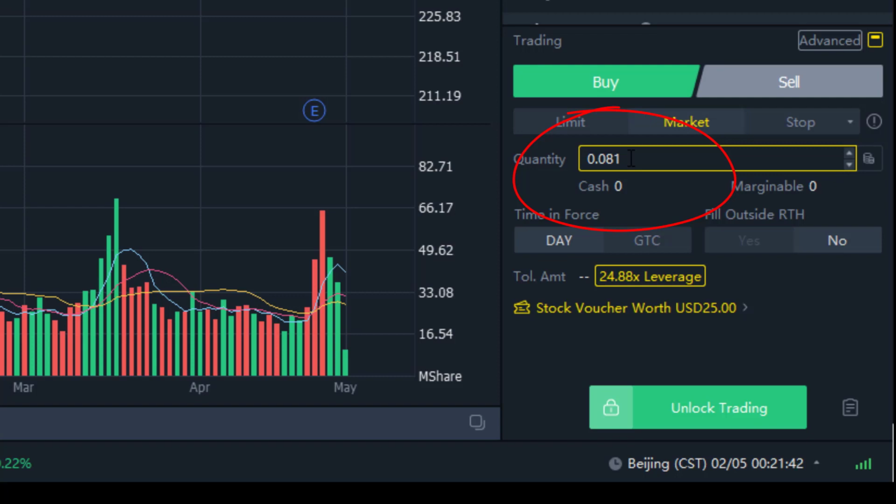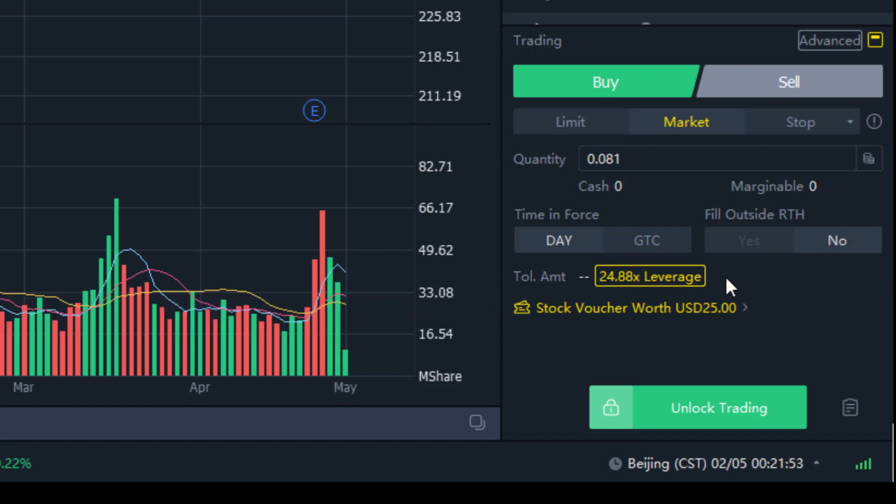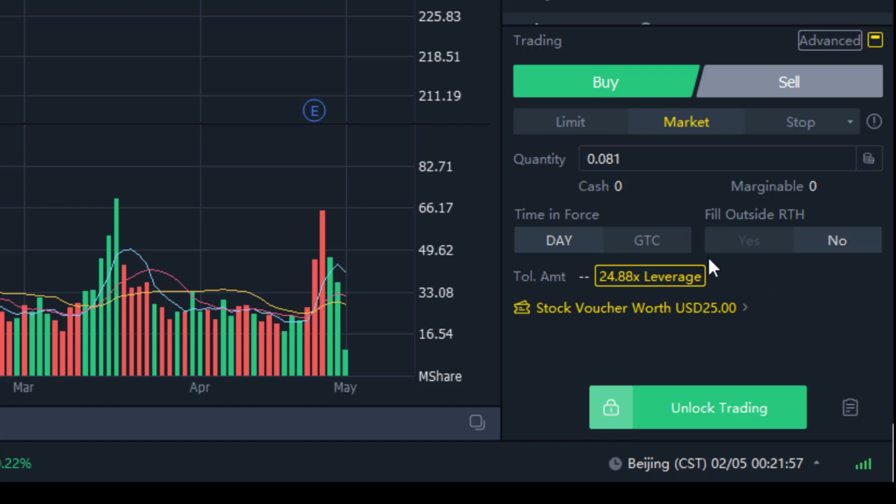How did I work out 0.081? I just took the 25 and divided that by the 307, and as you can see there, the total amount is 24.88, so just under the $25. I couldn't round it up any further as it would take me over the 25, but that is simply it. You then hit the buy button and you're away. You're then fractional share trading.